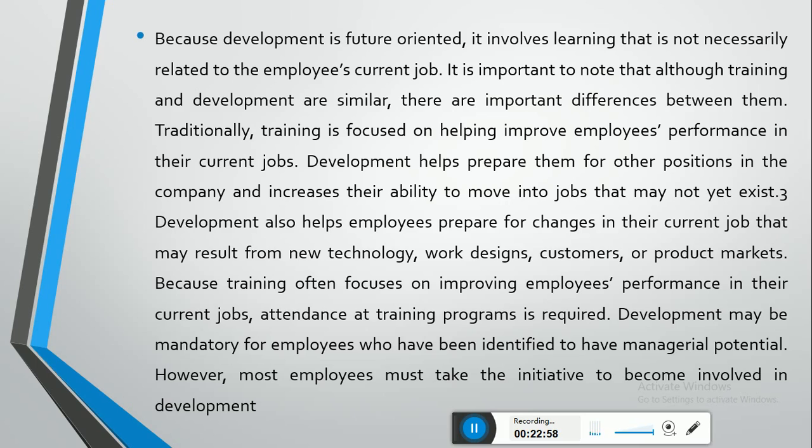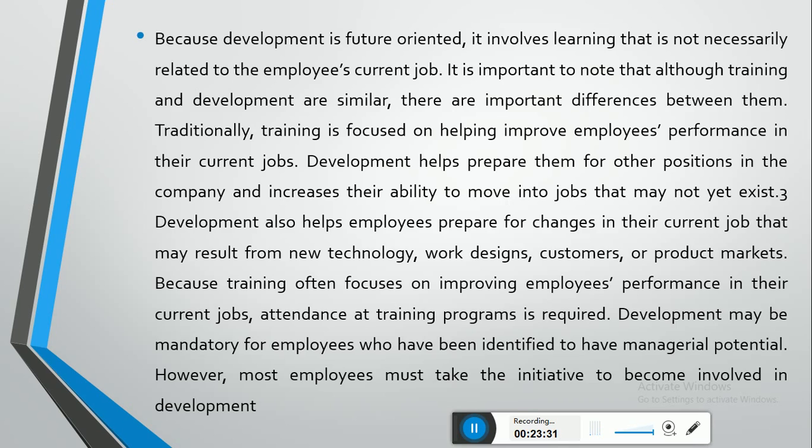For example, a company is operating only in Kabul. They are not operating in the East, but they are planning to open a business in the Eastern provinces of Afghanistan. So imagine they make you the head of the Eastern zone. What will happen? You don't have skills, you don't have anything. Because of that, they provide a development program.